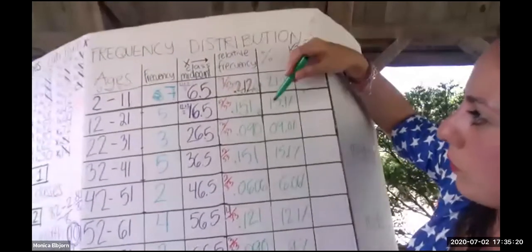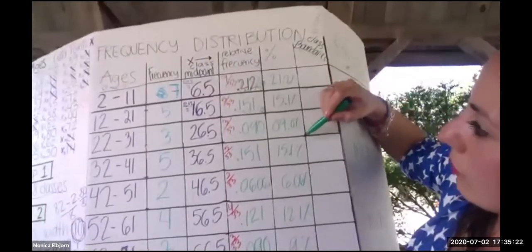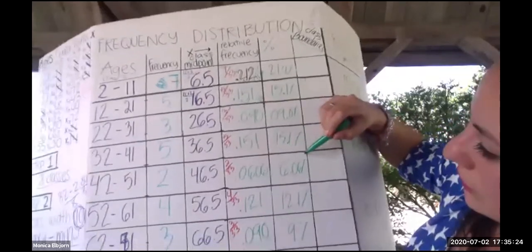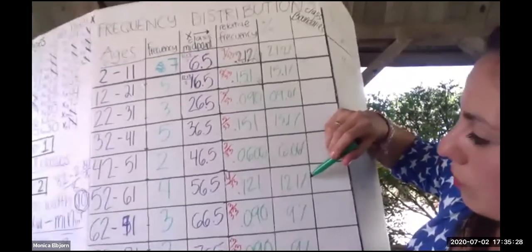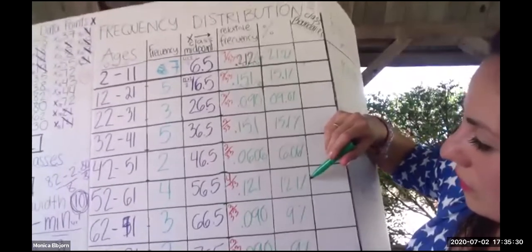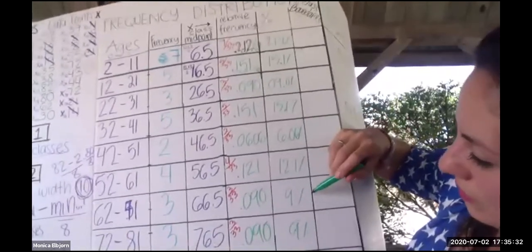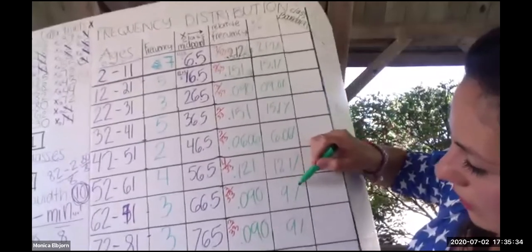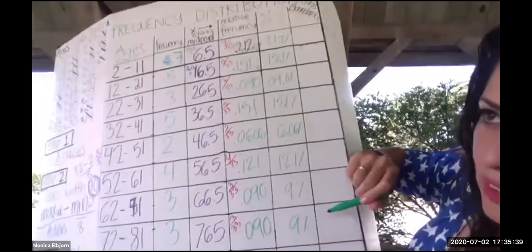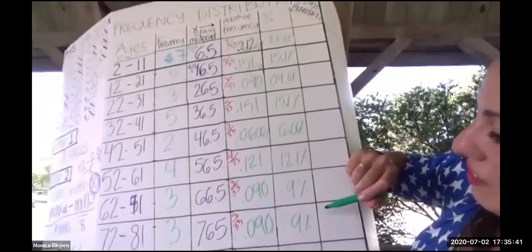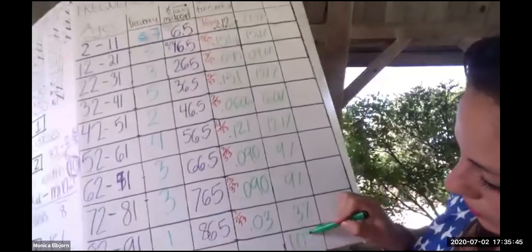So 21 plus 15 plus 9 plus 15, that's 60 plus 6, 66 plus 7 plus 12, that's 78 plus 9, 88 plus 9, 96, 97 plus 3. This will be 100. Very good, guys.